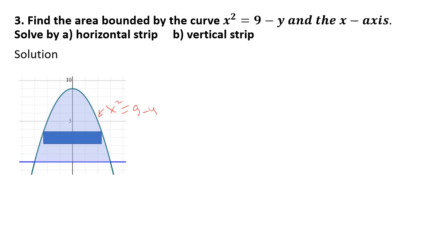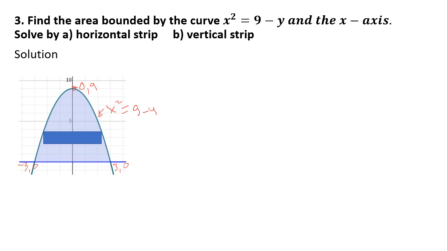This one is (0, 9). This one is (3, 0). This one is (-3, 0).